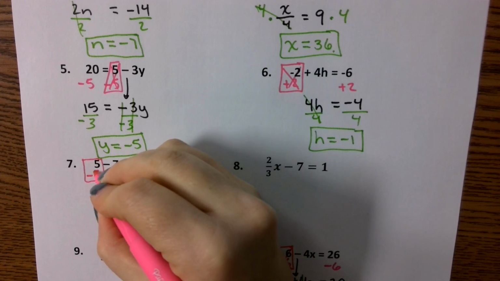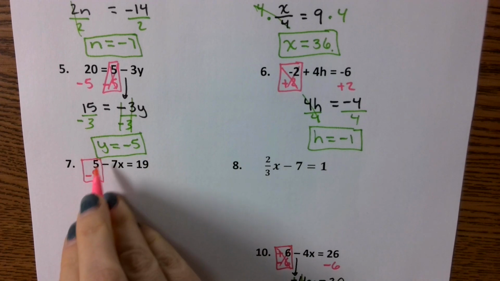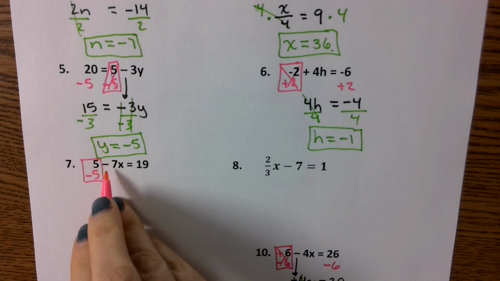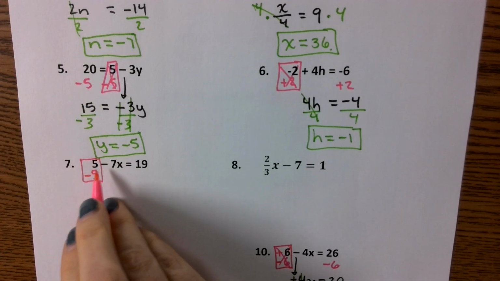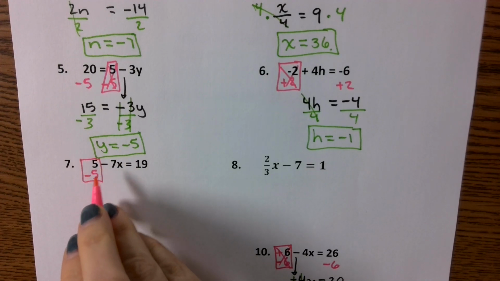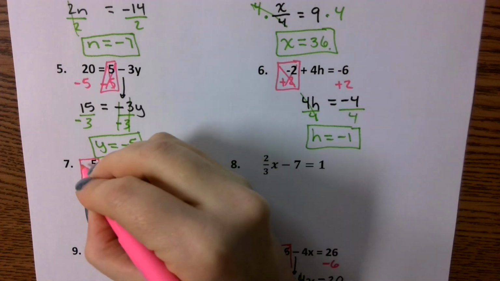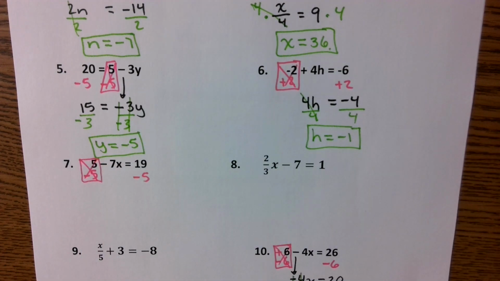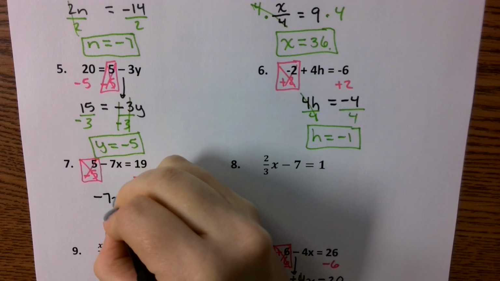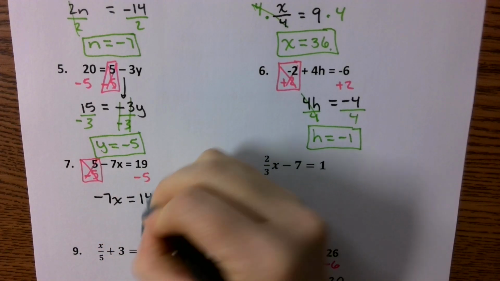Subtract. Good. We want to subtract because remember, if we add 5, is it going to get rid of the 5? Is it going to make it a 0? No. If we added 5, it would just make it a 10, right? We want to make sure that we are going to subtract 5 from both sides. Subtraction on both sides. That's going to give us negative 7x is equal to 14.